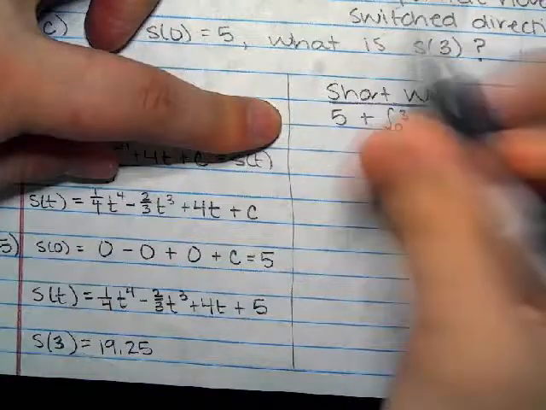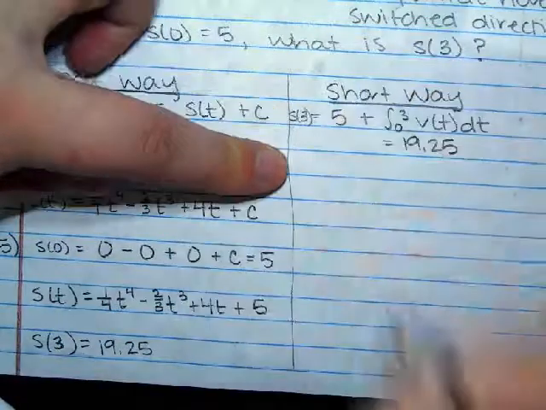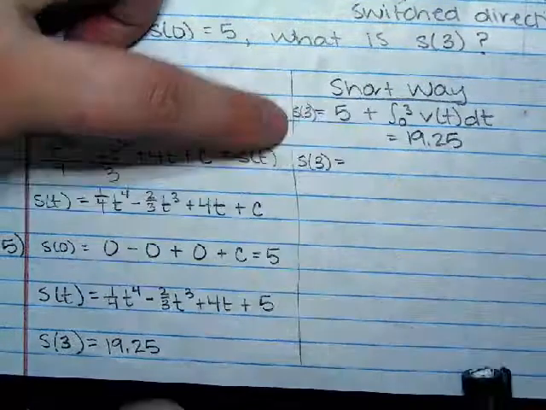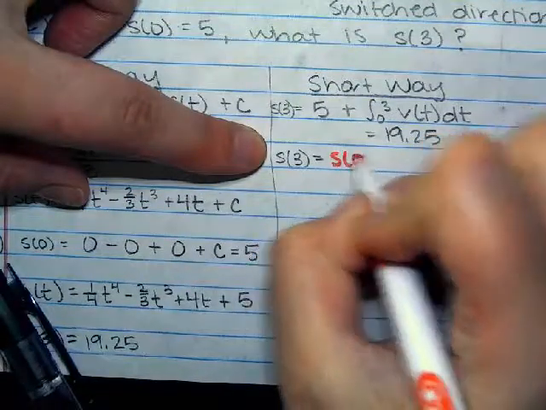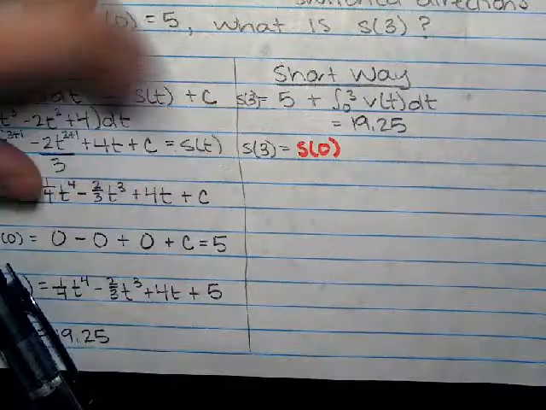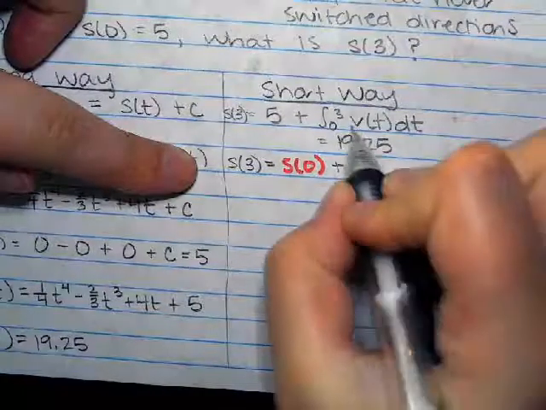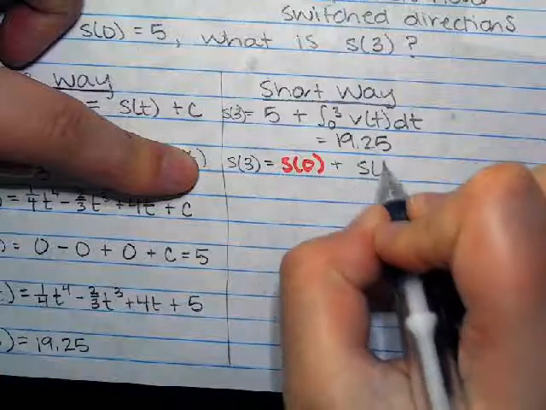Okay, so s of 3 equals, okay, the 5 was s of 0, right? Agree with that? Okay. And then we had plus this, when you integrate that, you get s of t evaluated from 0 to 3. Agree with that?